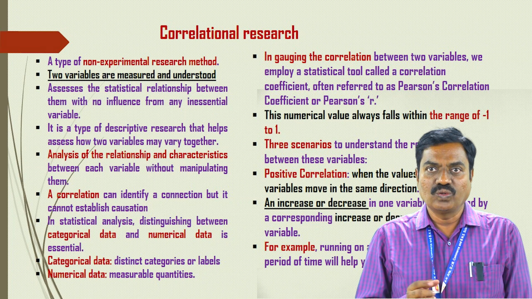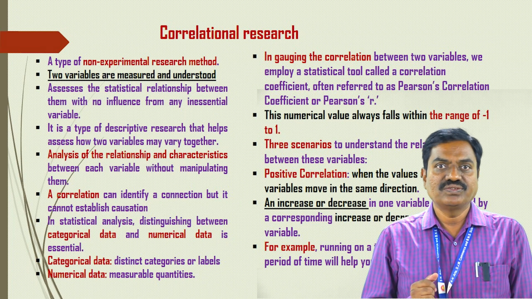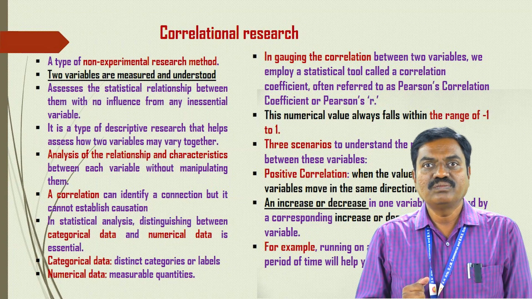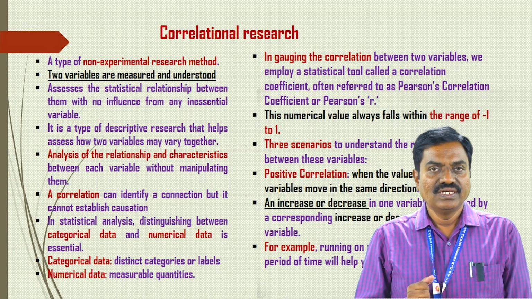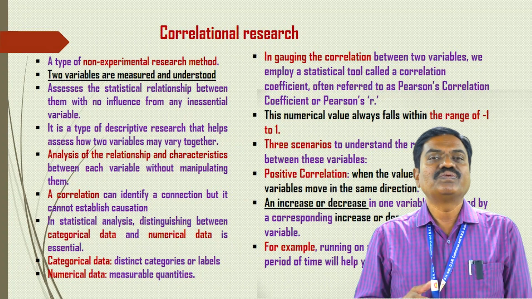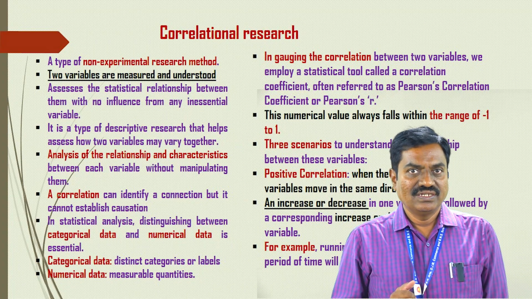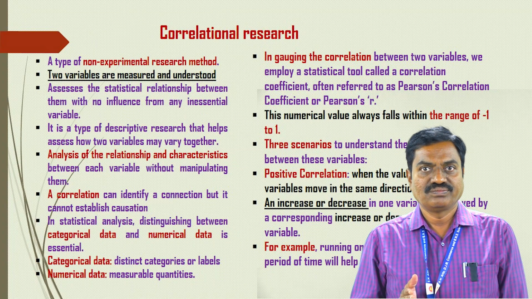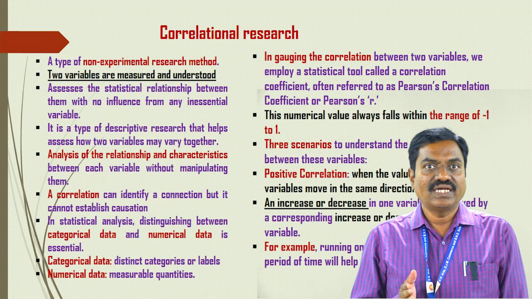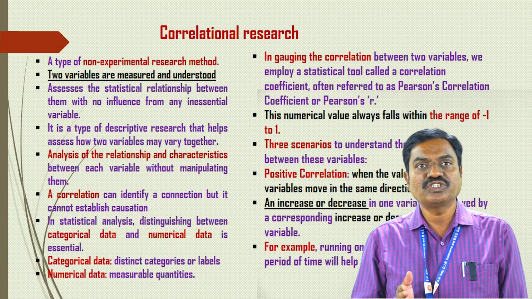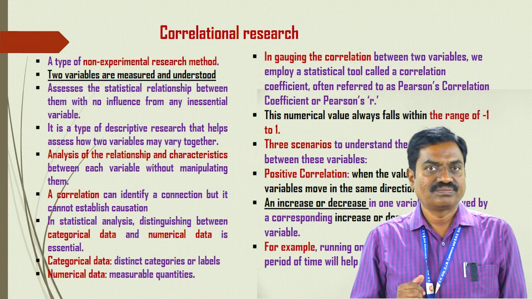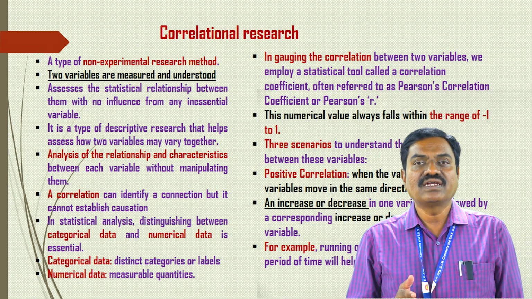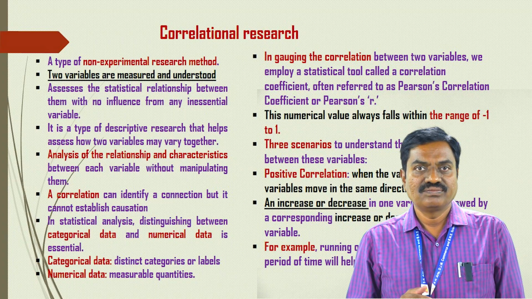Categorical data involves distinct categories or labels, while numerical data consists of measurable quantities. In gauging the correlation between two variables, we employ a statistical tool called a correlational coefficient, often referred to as Pearson's correlation coefficient or Pearson's R. This numerical value always falls within the range of -1 to 1.